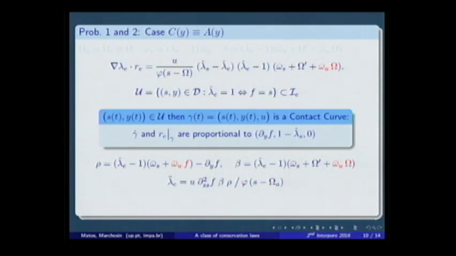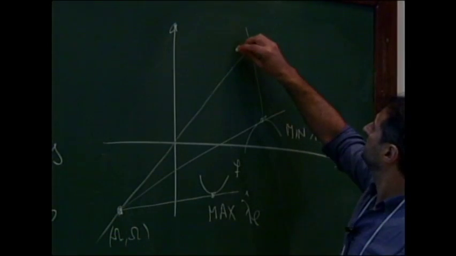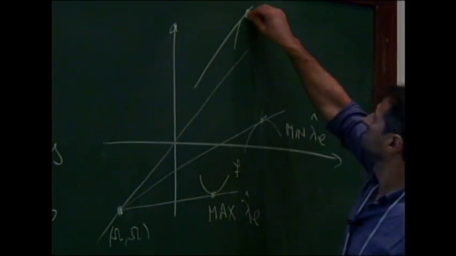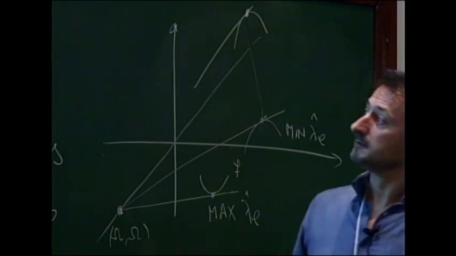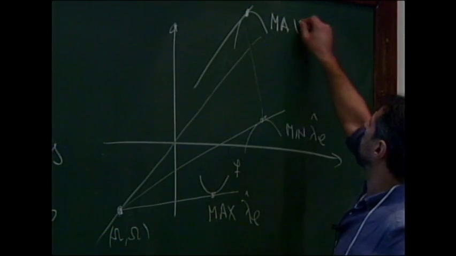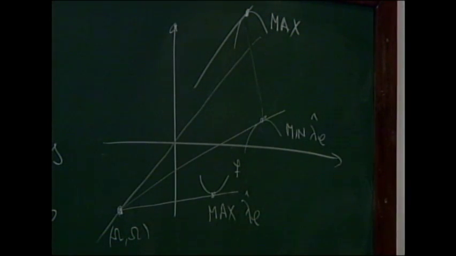For instance, let's put the point above lambda E equals 1. If we find this coincidence here, beta changes sign, at least if this does not change also. So here we'll be in the presence of a maximum instead of a minimum.